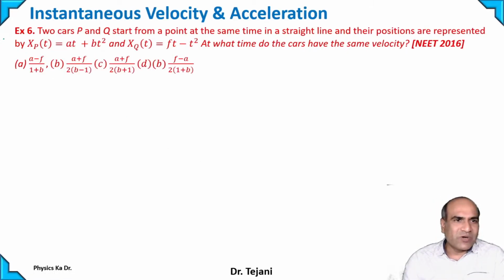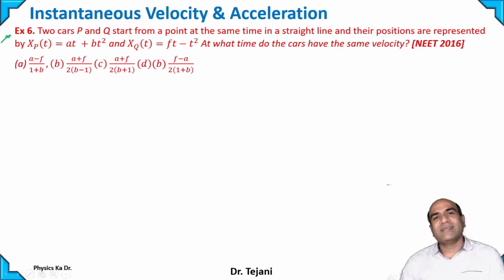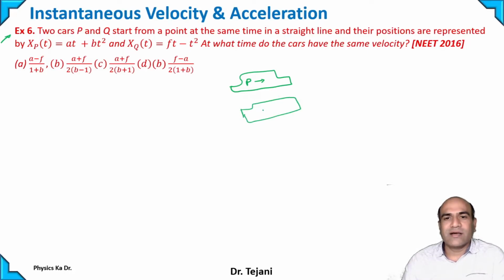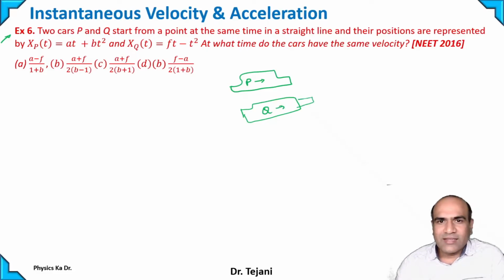Let's move towards a somewhat difficult question, number 6. Two cars P and Q start from a point. So let's draw the cars. This is car number 1, the name is P, and another car, this is Q, moving in this direction.